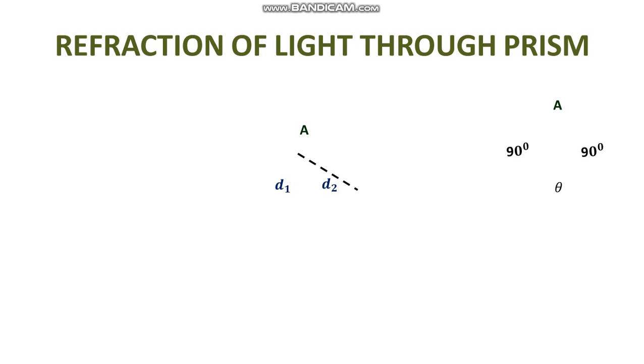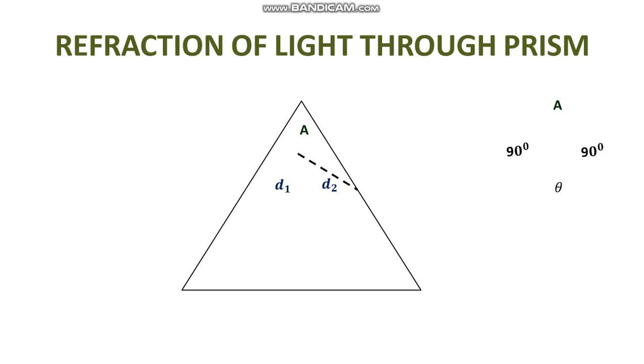Now when light passes through a prism, how it undergoes refraction, that you are going to learn here. See, this is a principal section of the prism. This is the first surface and this one is the second surface. The angle between two surfaces is called what? Angle of prism.